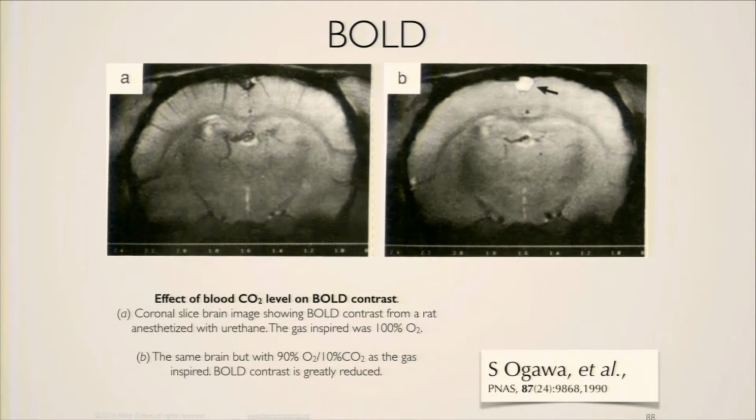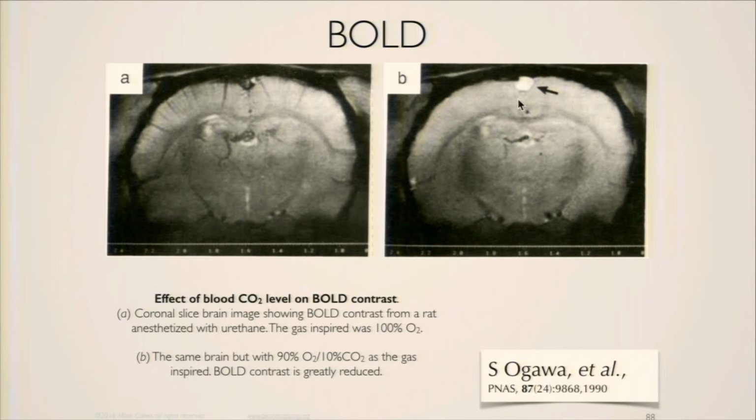On that basis, two groups, Seiji Ogawa's group at Bell Labs and Ken Kwong's group at Harvard, got the idea that you should be able to use MRI to look now at the signal changes associated with blood oxygen. And these are Ogawa's work from this, showing the blood vessels in a deoxygenated condition showing up dark, and in a hyperoxygenated condition showing up relatively bright.